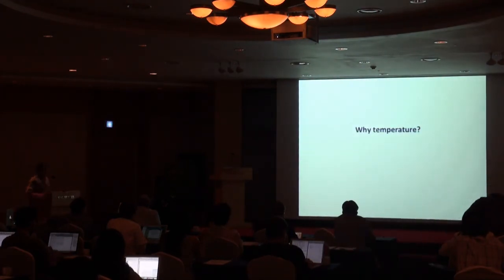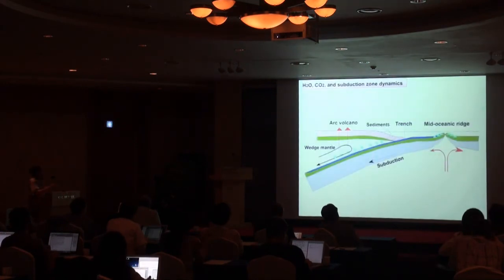Anyway, why I'm interested in the temperature is basically that I'm interested in the behavior of water and carbon dioxide in the subduction zone, and also subduction zone dynamics. This is a cartoon cross-section of the subduction zone, and the oceanic plate was formed at the mid-oceanic ridge and is subducting.